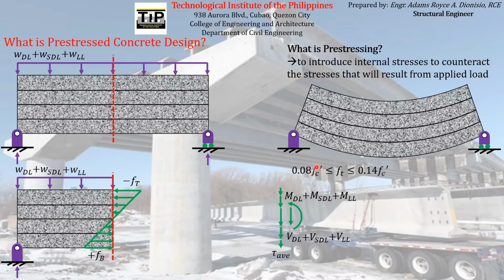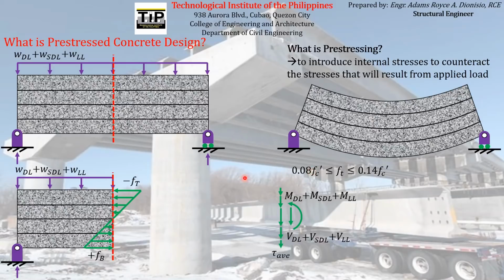So you can see that the tensile strength of concrete is just a very small portion of its compressive strength. The 28-day compressive strength just ranges from 8% to 14%. That is a very low value. That is a very low tensile strength.